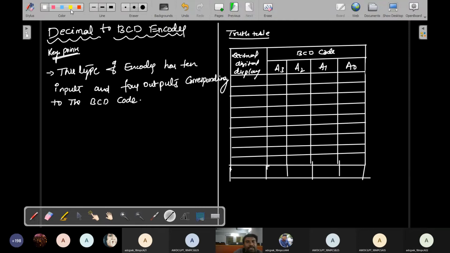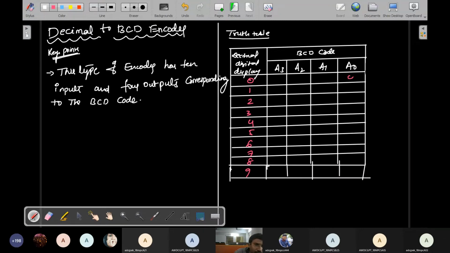Okay, so the first number I'll write 0, then 0, 1, 2, 3, 4, 5, 6, 7, 8, 9. These are the decimal numbers from 0 to 9. So a total of 10 inputs. Here we consider 10 inputs.